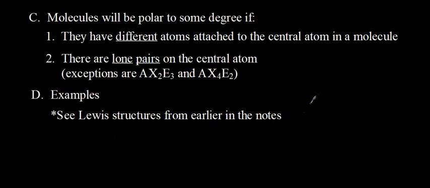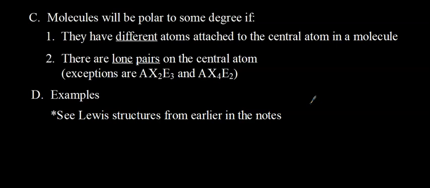All right, so molecules will be polar to some degree if they have different atoms attached to the central atom in a molecule, or if there are lone pairs of electrons on the central atom. Now be careful, there's a couple exceptions, molecules that have a lone pair of electrons on the central atom but are nonpolar.